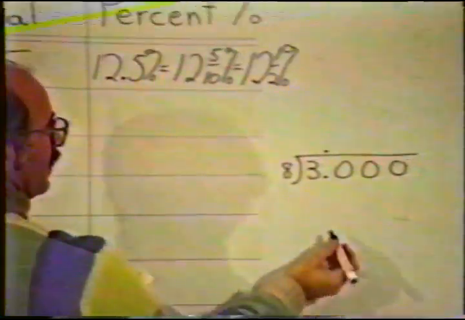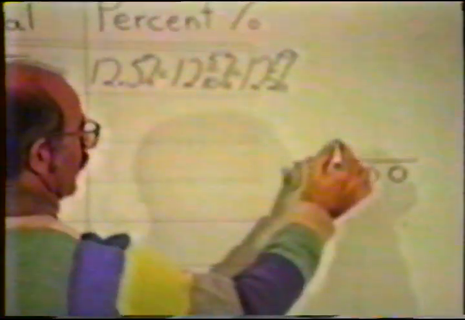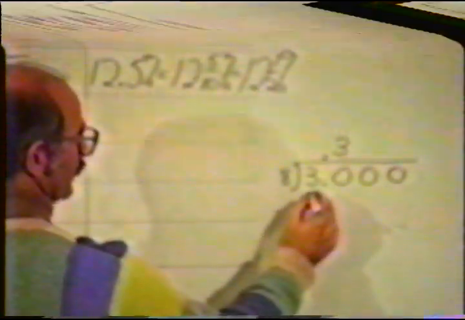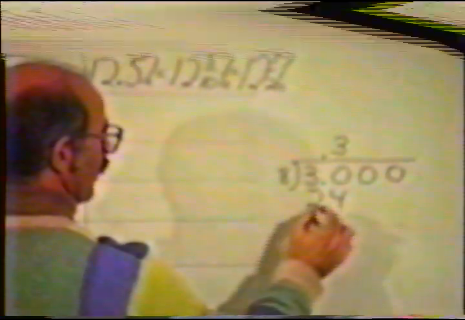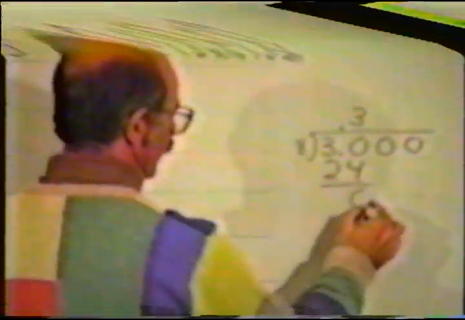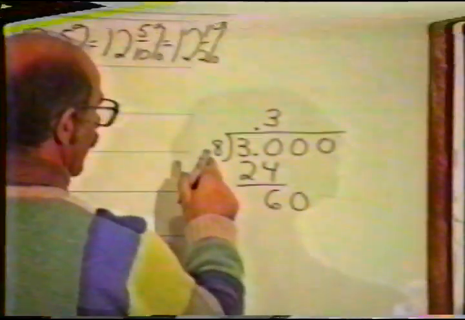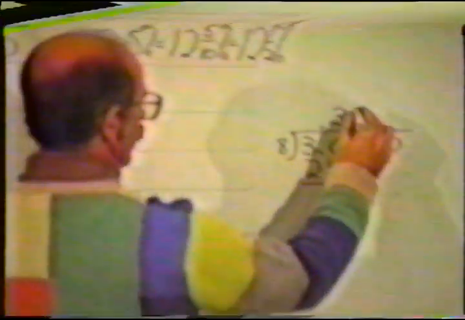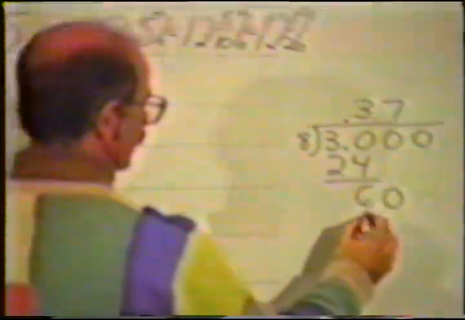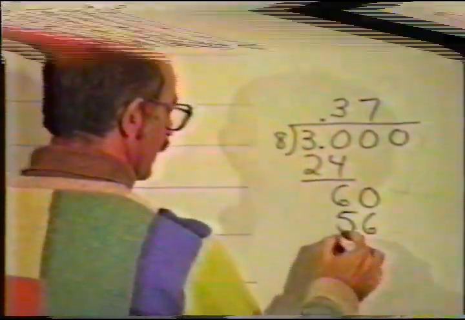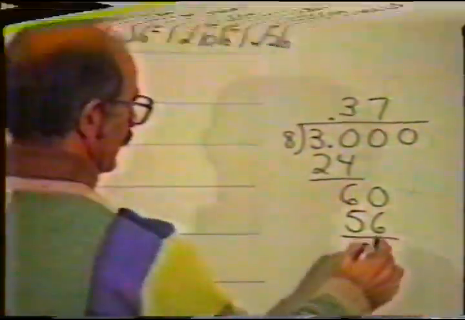8 into 30, 3. 3 times 8, 24. 30, take away 24, 6. Bring down the 0. 8 into 60, 7. 7 times 8, 56. 60, take away 56, 4.